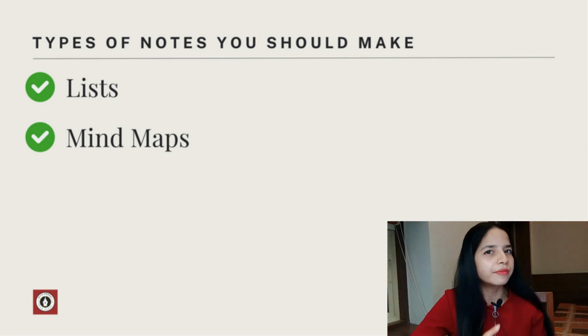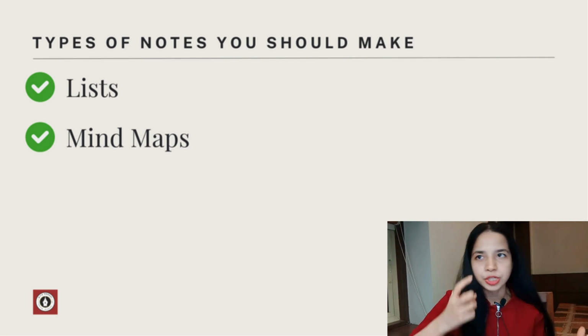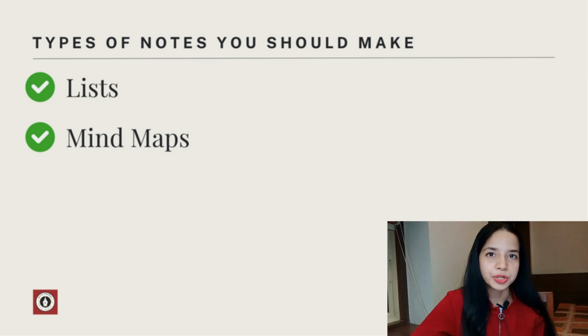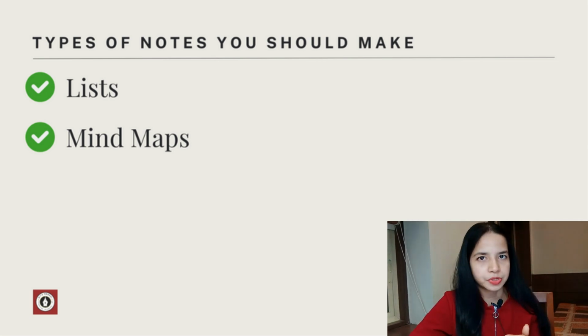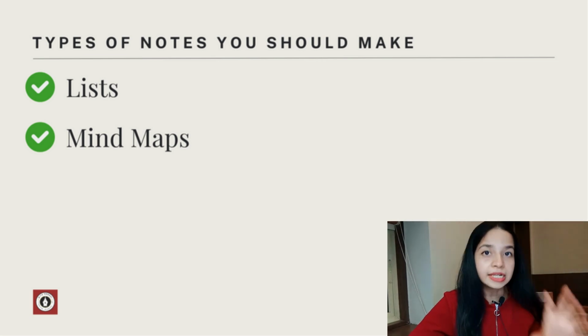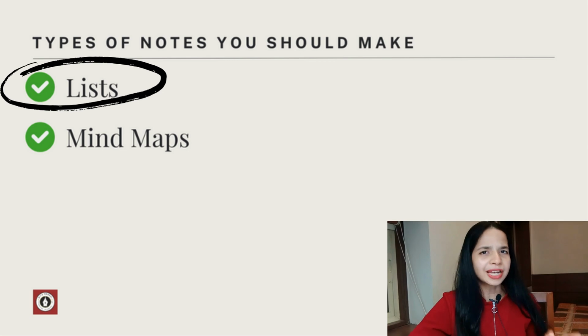So how do you navigate all of those things? For the timeline-based questions or for the chronology-based questions, as I've mentioned previously as well, you can create those timeline notes wherein you can create a list for yourself and make sure it is very organized, it's very clear, and it helps you remember things faster.